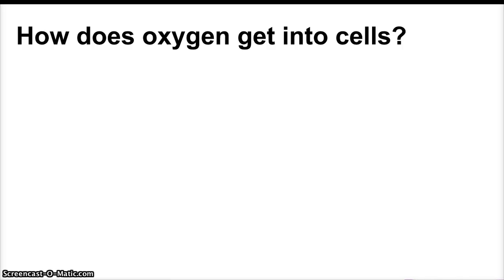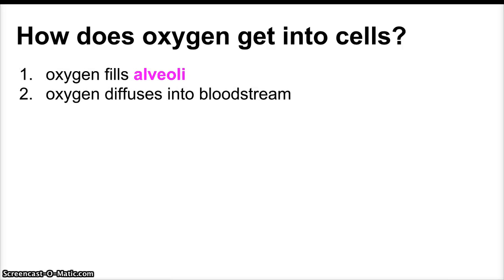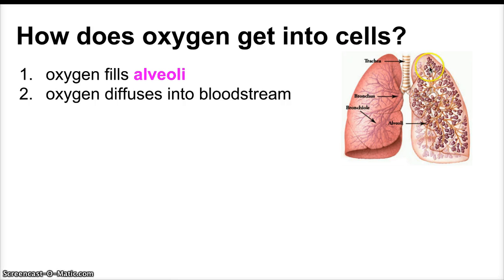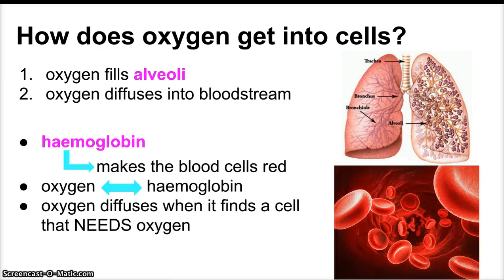How does oxygen get into cells? When we breathe in, oxygen fills our alveoli, which is this part of our lungs. After that, oxygen diffuses into our bloodstream. Oxygen is carried around our body by red blood cells, and red blood cells contain a substance called hemoglobin.